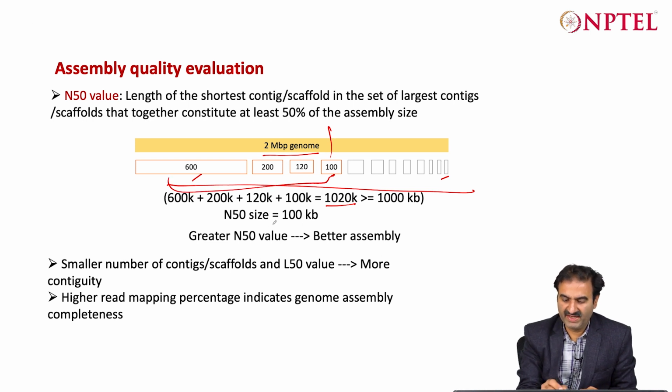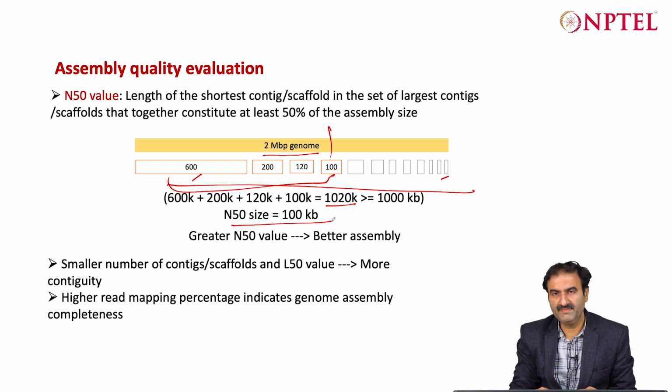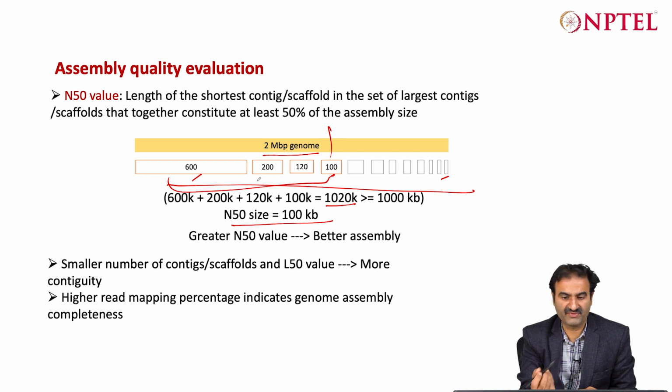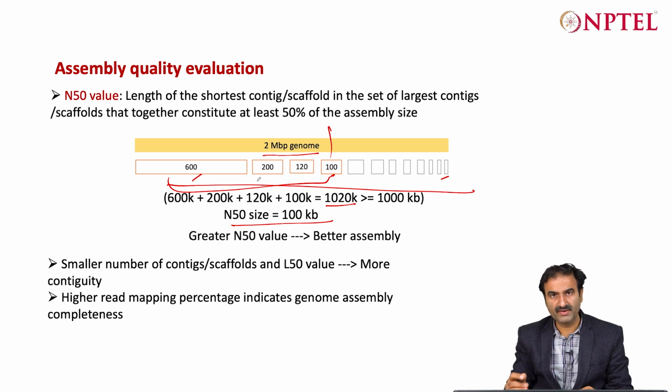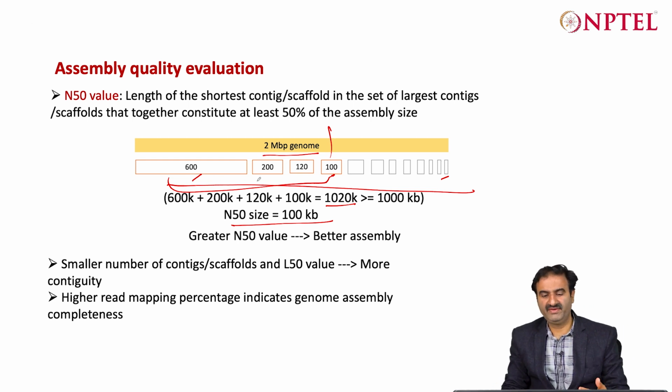So N50 in this case will be 100 kb, and the greater this value, because if I had got a value of 200, then I would have only 2 pieces of the total contigs or scaffolds that you have, and that means a better quality assembly. So the higher this N50 value, the better.